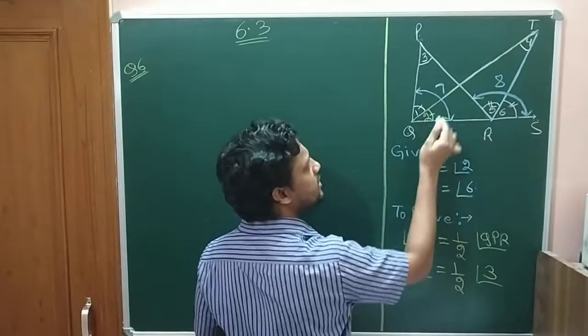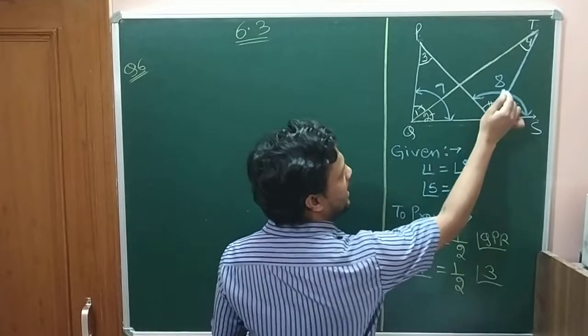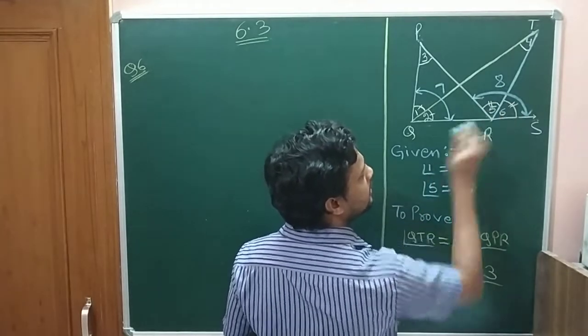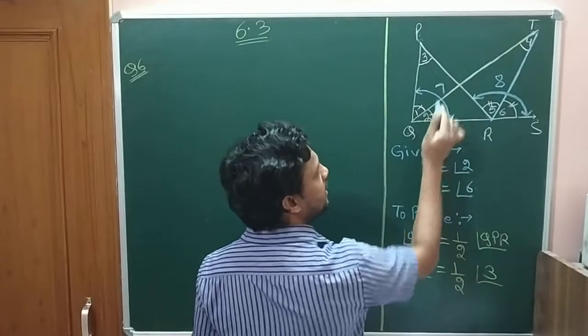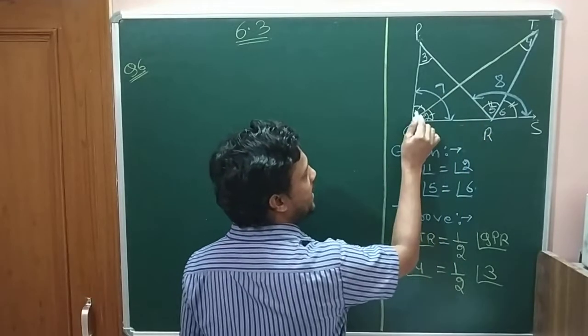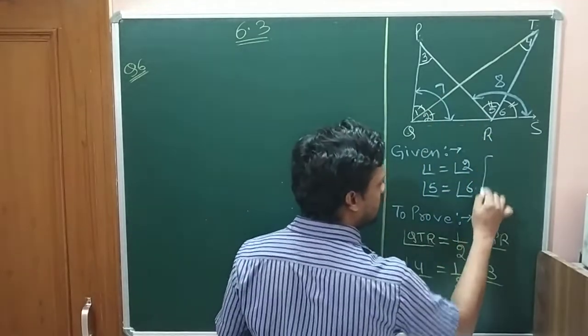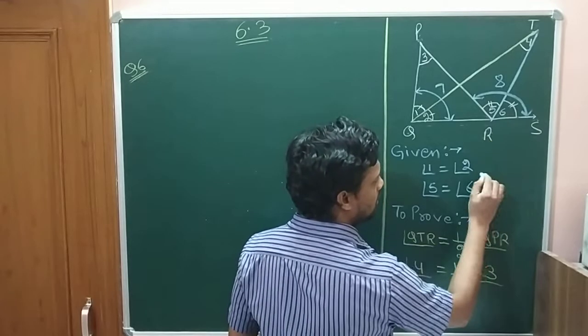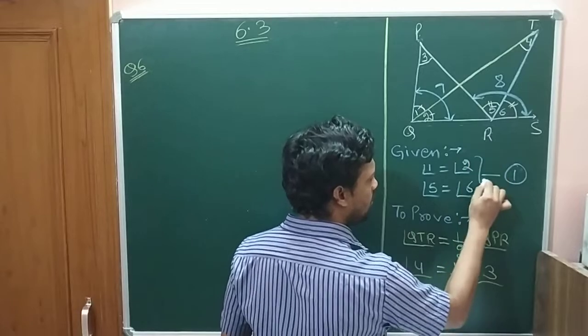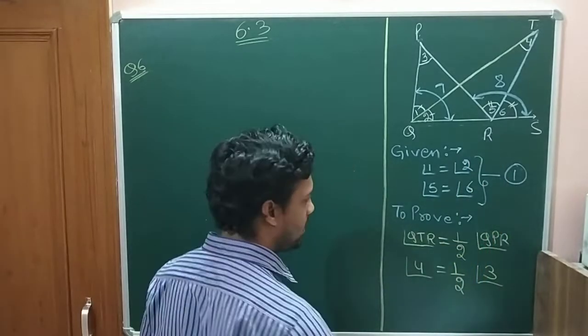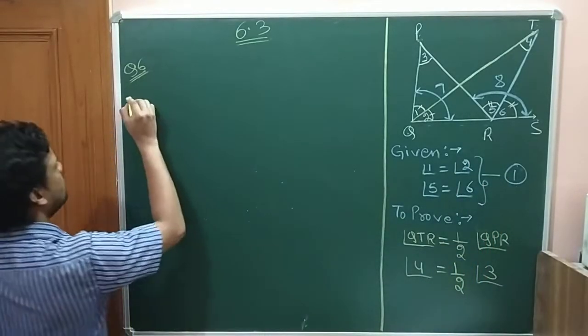It means angle 7 is a combination of 1 plus 2, and angle 8 is a combination of 5 and 6. Angle 8 equals 5 plus 6, angle 7 equals angle 1 plus 2, and angle 1 equals 2 and 5 equals 6. Let it be equation number 1. Clear? Now see how to solve.